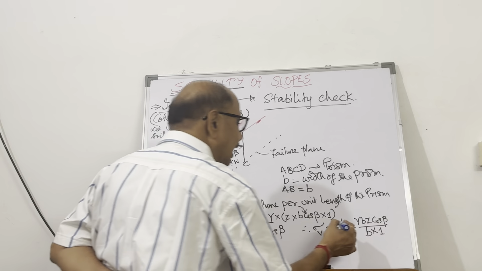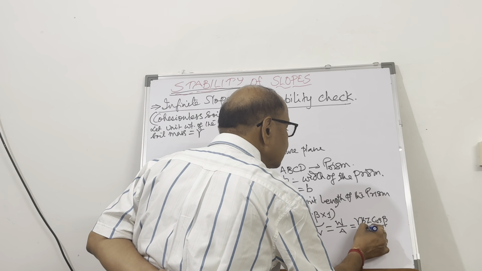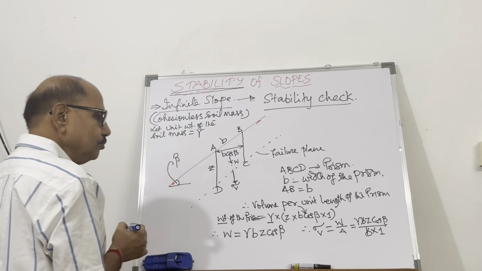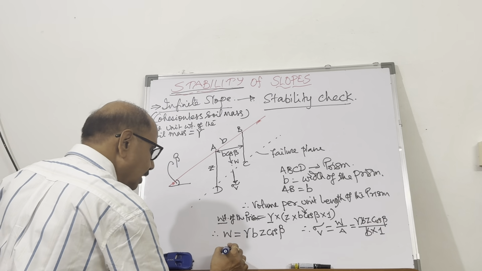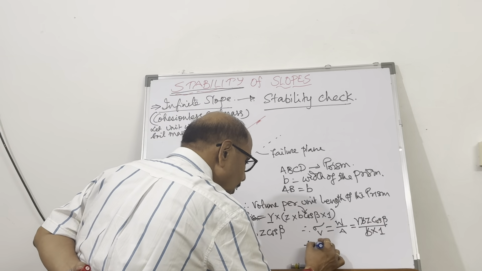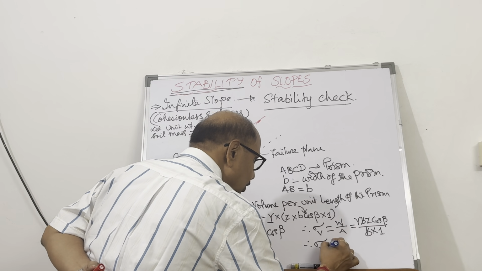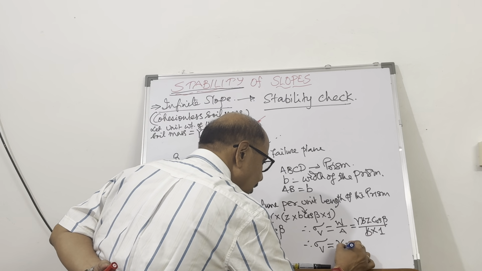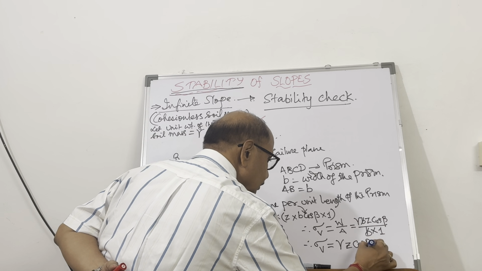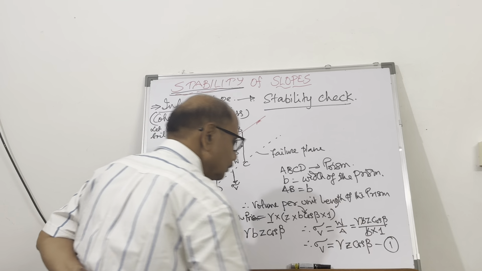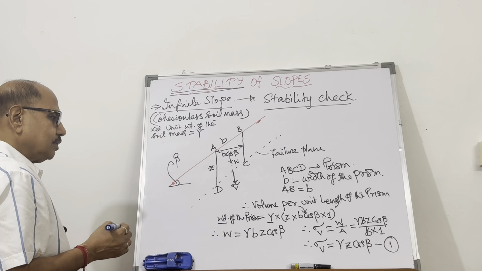So B gets cancelled, and it becomes gamma Z cos beta. Therefore, I can say that sigma v equals gamma Z cos beta.